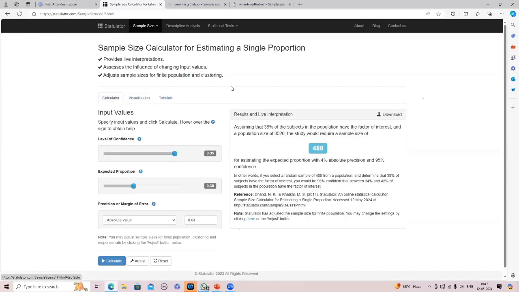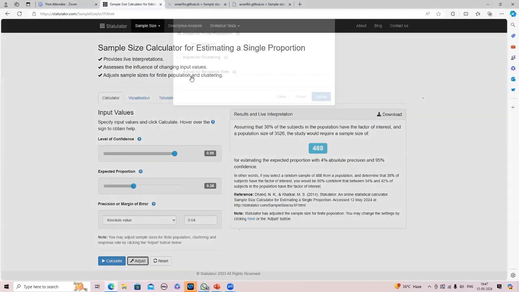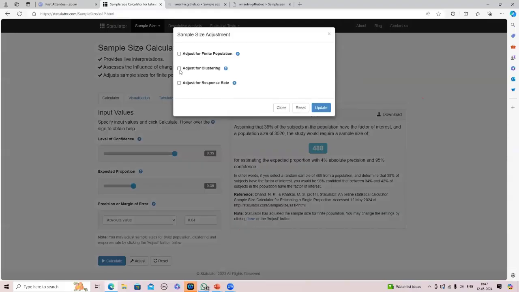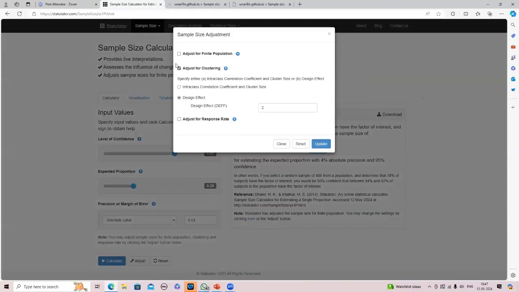So this is the calculated one. Now, if you want to adjust this, another adjustment we have is the finite population. If I remove the adjustment for the finite population and go for the adjustment of the clustering, I take the clustering as 2. In that case, I click on update.